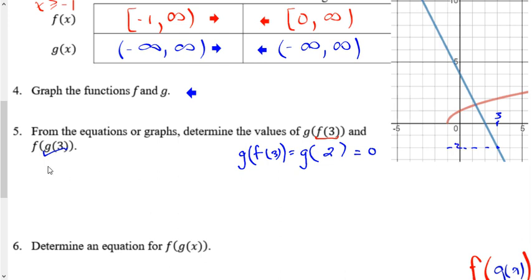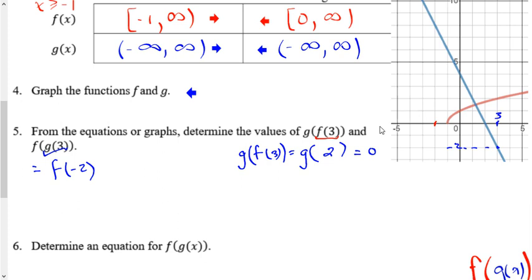So this is going to equal f of negative 2. So then I look over here. Let's switch to red, and I see when x is negative 2, what is my y value on the red function? Oh, well, it's not defined.